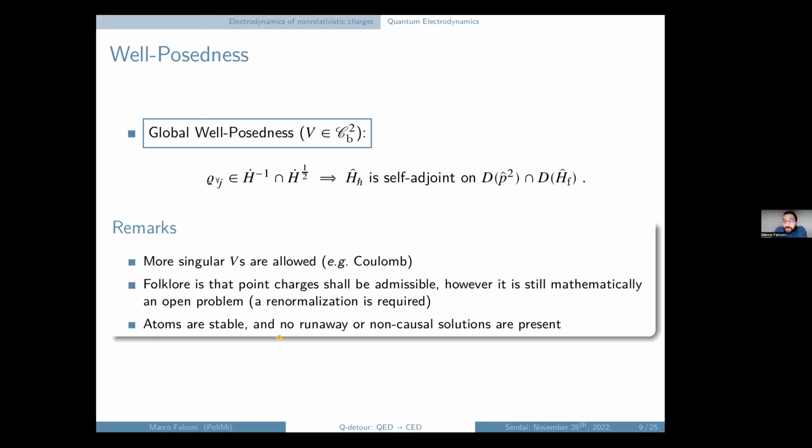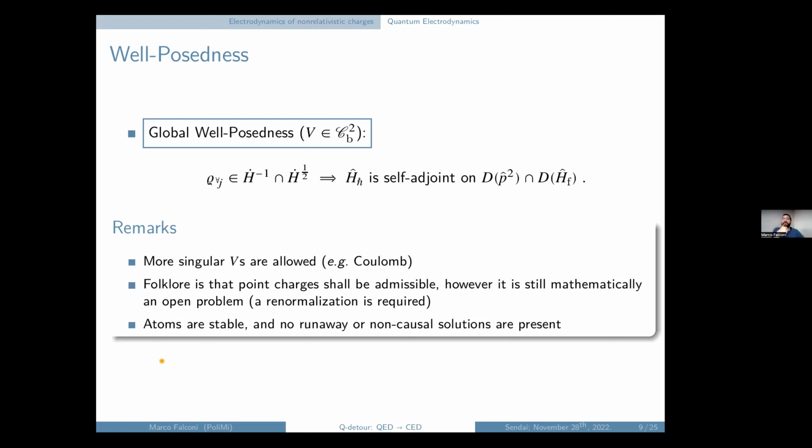And even if we take a small radius, there are no problems. So we can take a small radius, but a very smooth charge distribution that satisfies this regularity assumption. And there are no runaway or non-causal solutions at the quantum level. So those physical contradictions that emerged at the classical level seem to be cured at the quantum level.